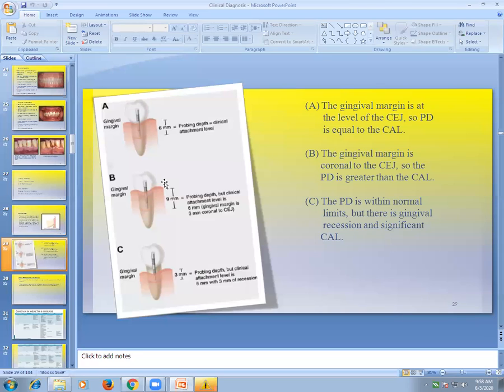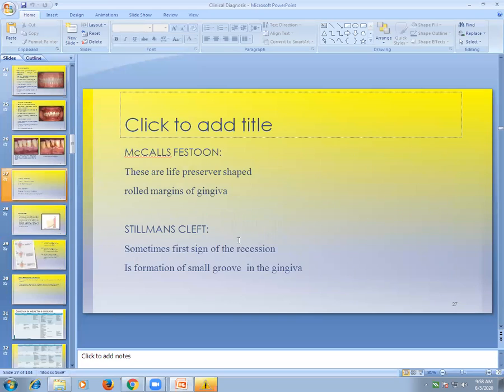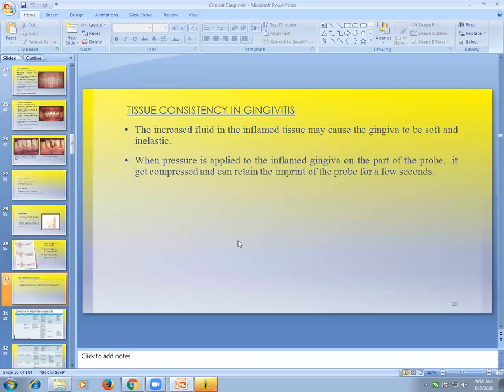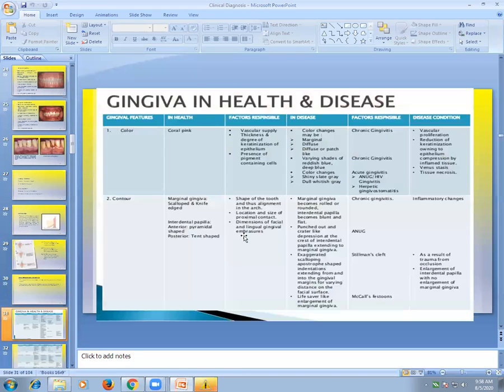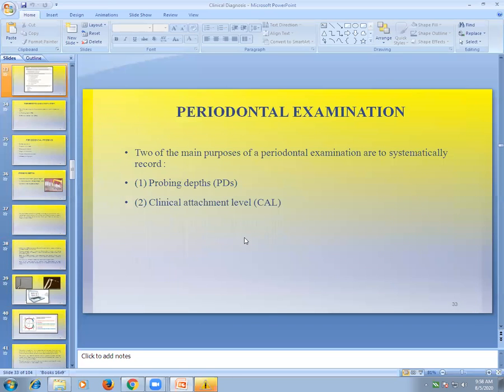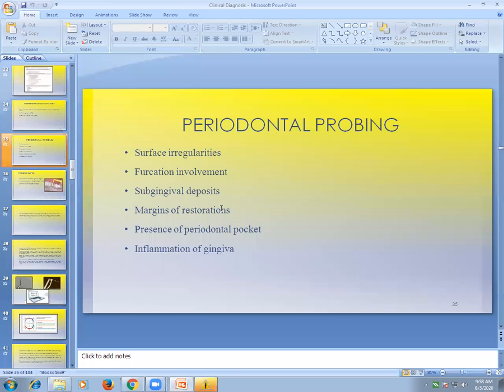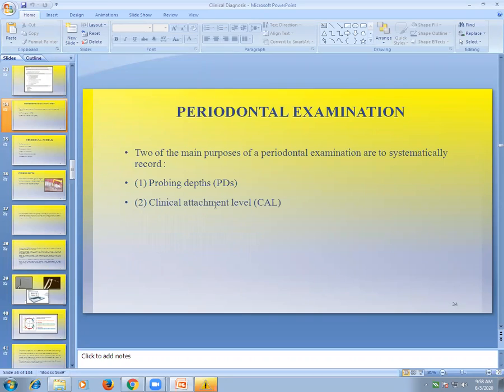Clinical attachment loss means what? We are going to discuss it again. But normally probing pocket depth is written up to 3 mm. Normal sulcus depth is up to 3 mm. But if in the sulcus it is more than 3 mm, 4 mm, 5 mm, provided that gingival enlargement and pseudo pocket are not there.